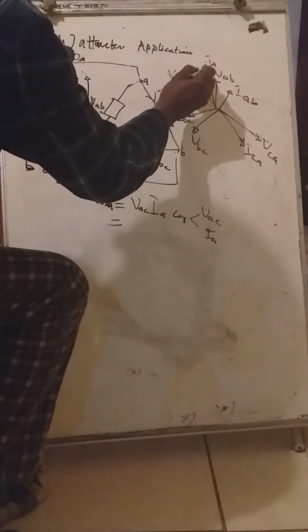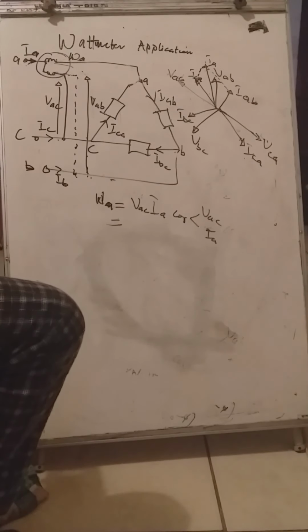If you go back to what we did the other time, our IA is the summation of ICA reversed plus IAB. That gives us our IA, if you recall very well.